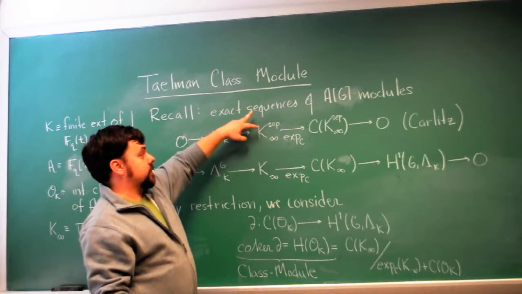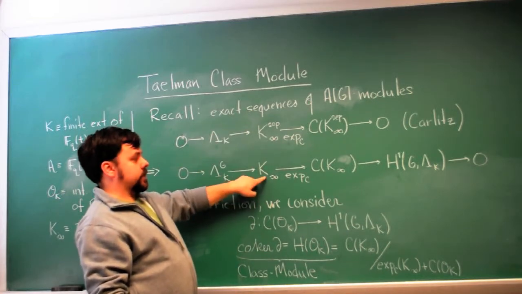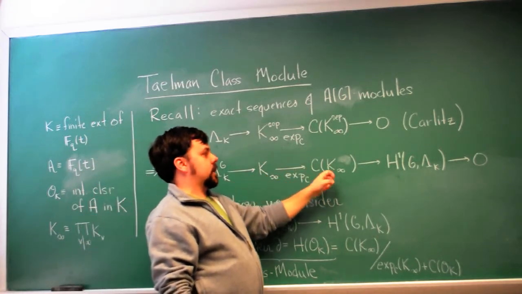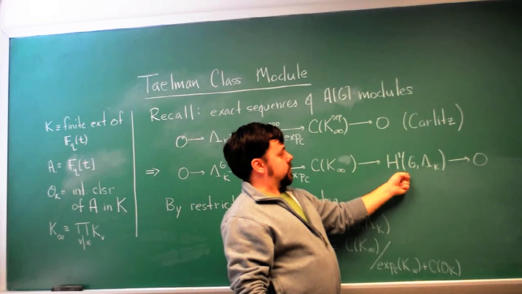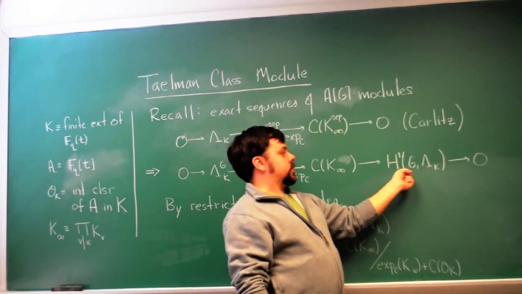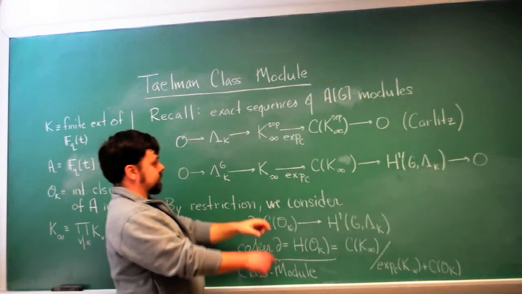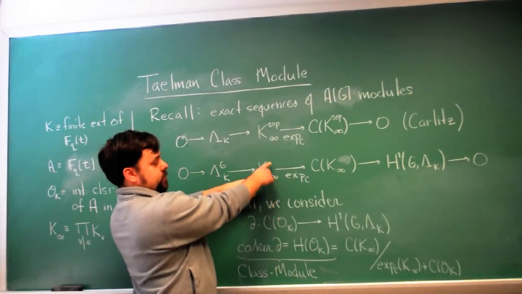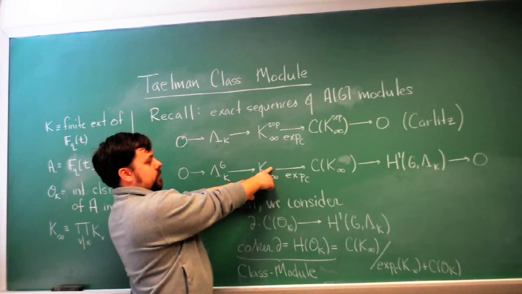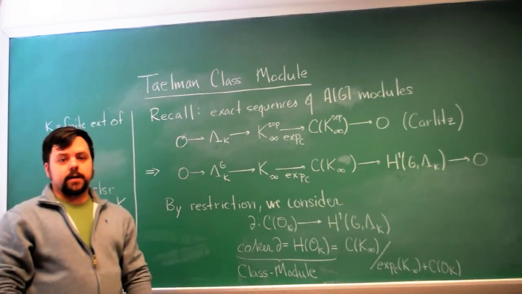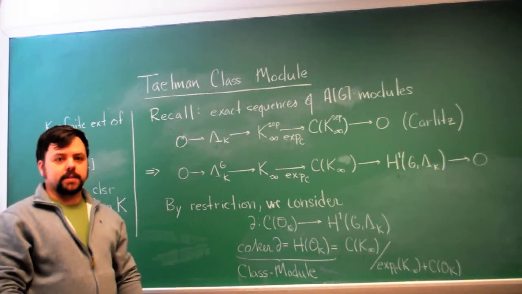So the G-invariants of K_infinity^sep are obviously going to be K_infinity. Same thing goes on here, and then we get the first cohomology group, H^1(G, Lambda_K). And then the next term is going to be 0, because it's the first cohomology group of K_infinity^sep, and that's trivial by an additive version of Hilbert's Theorem 90.